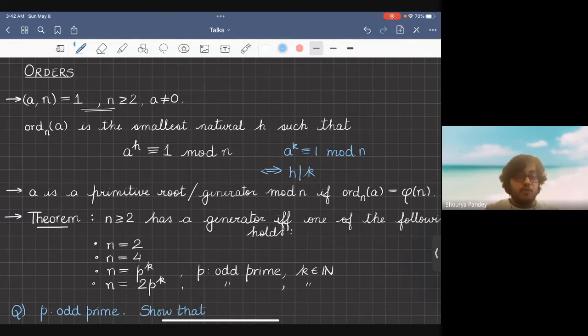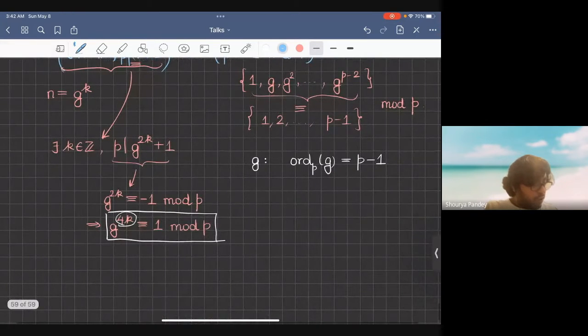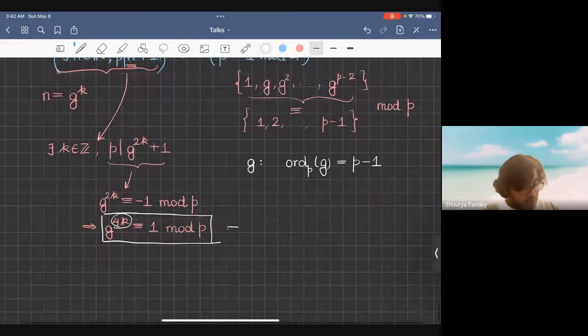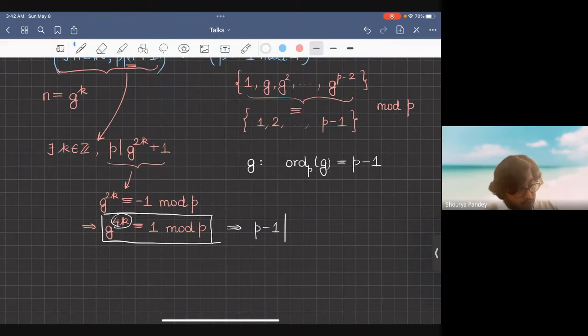This is true. And so the set of exponents k such that a to the k is 1 mod n is the same as the set of multiples of the order. And so g to the 4k is 1 mod p automatically implies that the order is a factor of 4k.